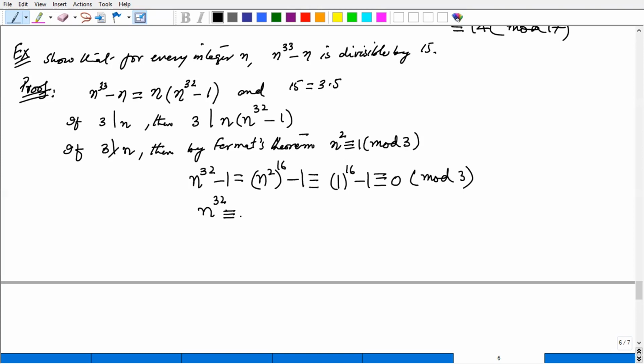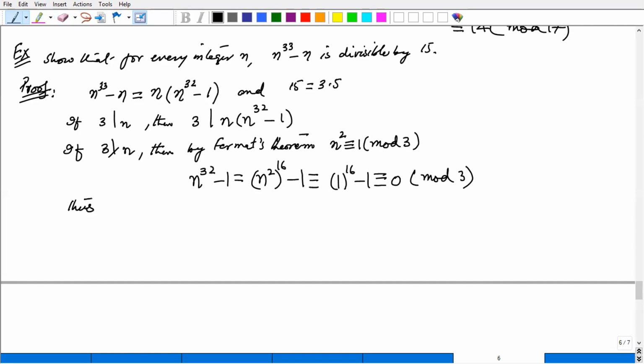There is no need to write further, because we are dividing n to the power 32 minus 1 and getting remainder 0.